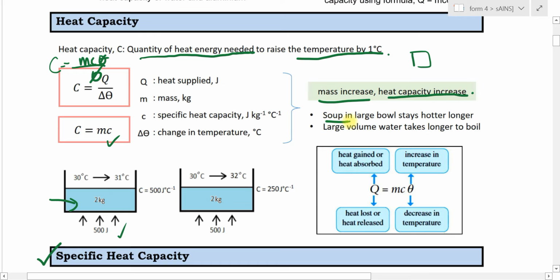For example, soup in the larger bowl stay hotter longer, while in a small bowl it will stay for a short period of time. Kalau larger volume of water take longer time to boil, because greater the mass, greater the heat capacity.